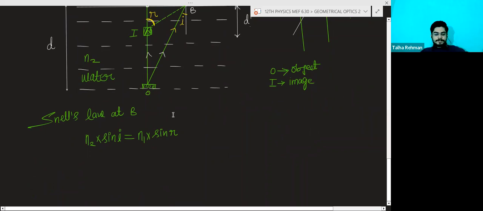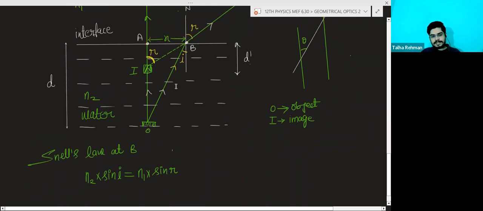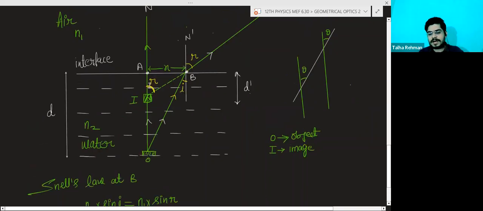But what happens now? These angles, I and R, are very small. Why are these very small? Because these rays, this ray and this ray, are almost parallel. Paraxial rays are there.